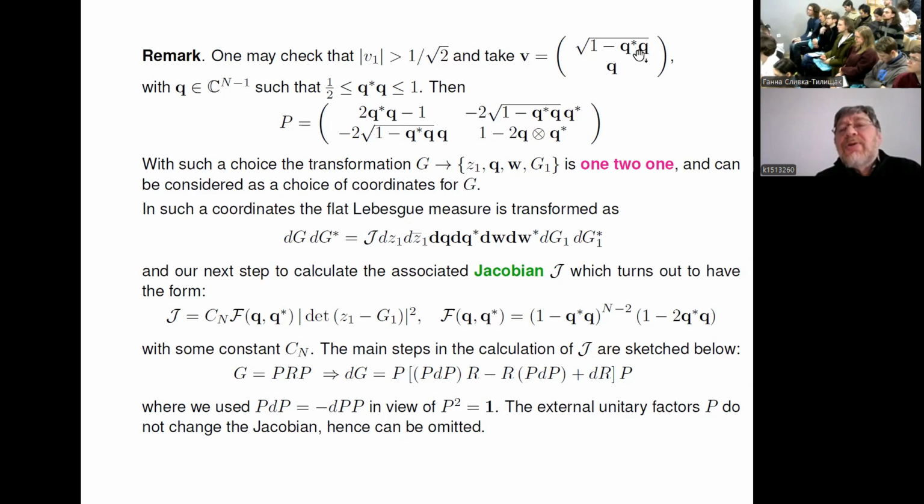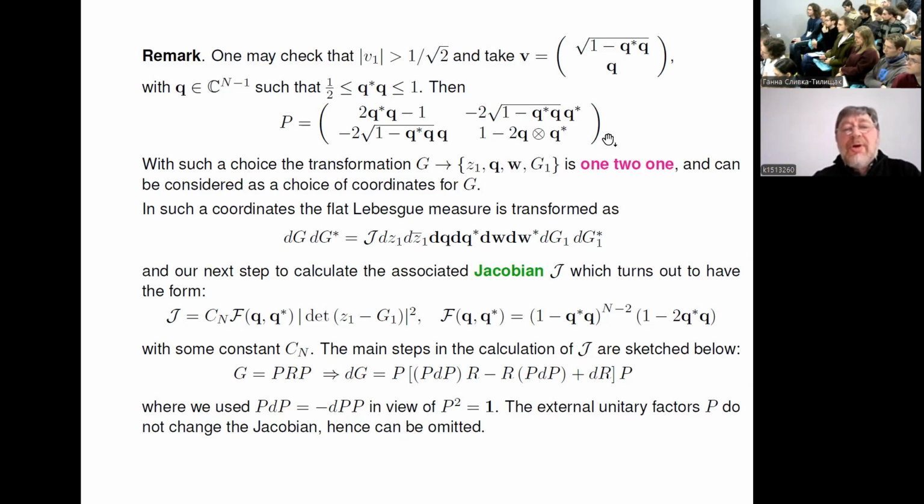Of course, we should take the norm of Q smaller than 1, but one can also show by independent consideration that the first component should be larger than 1 over square root of 2, which imposes an additional constraint. So in fact, the norm of Q should be smaller than 1 over square root of 2, and then explicitly in terms of this V, the Householder matrix is written here in explicit form.